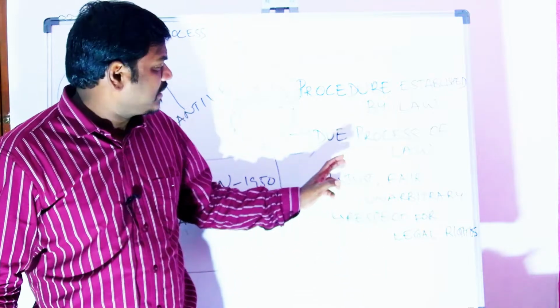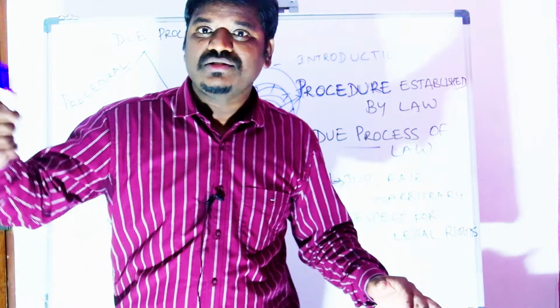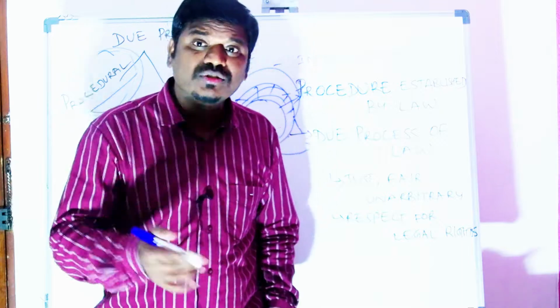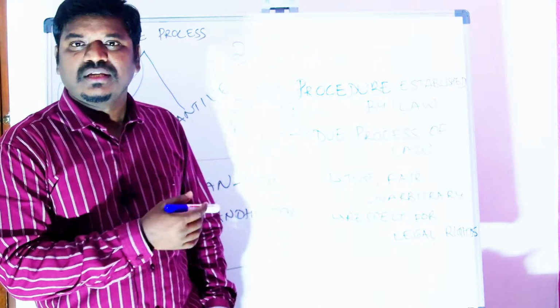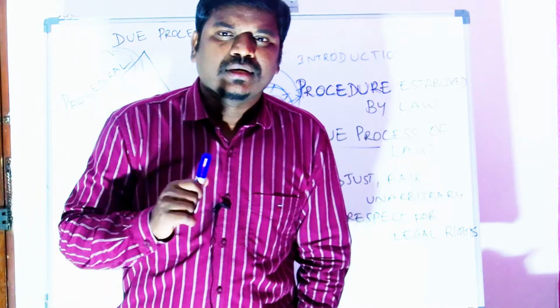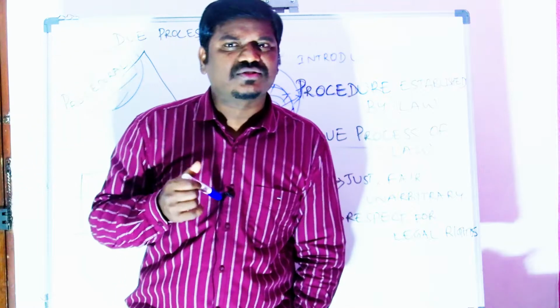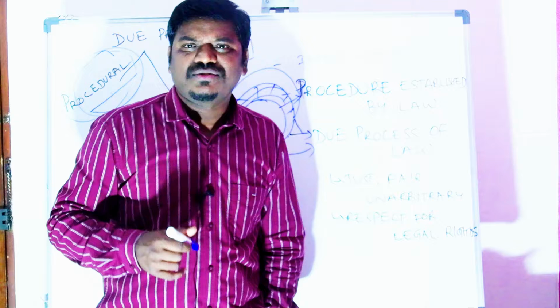But there was one ICS officer, civil service officer, B.N. Rao, at that time. He was also the constitutional advisor for the drafting committee. He had a discussion with the then Justice, not the Chief Justice, Justice of the United States of America.